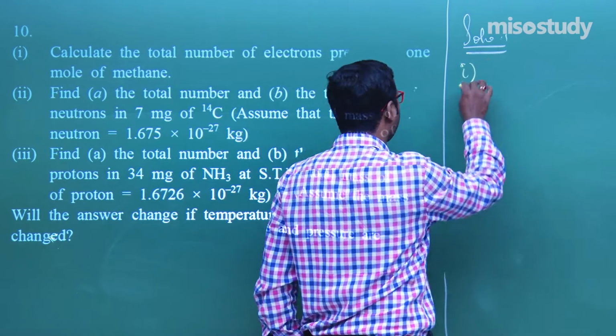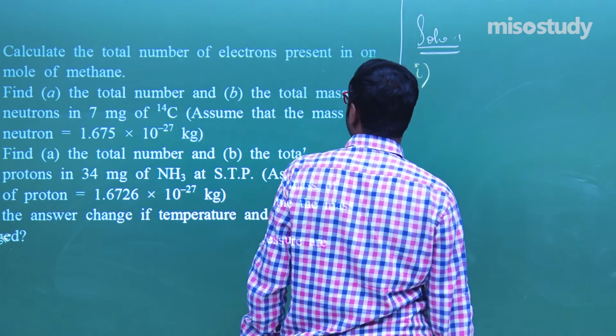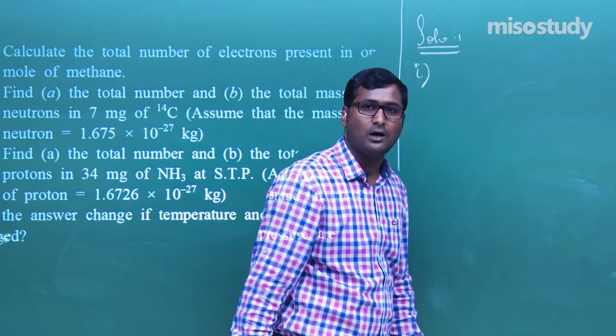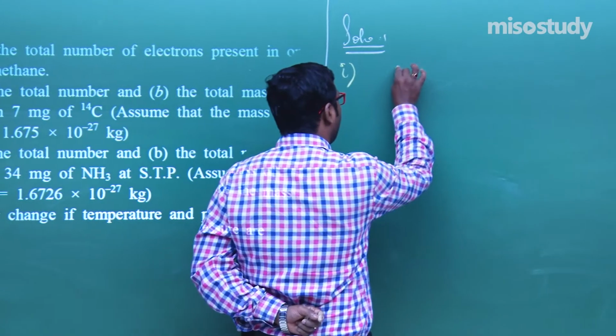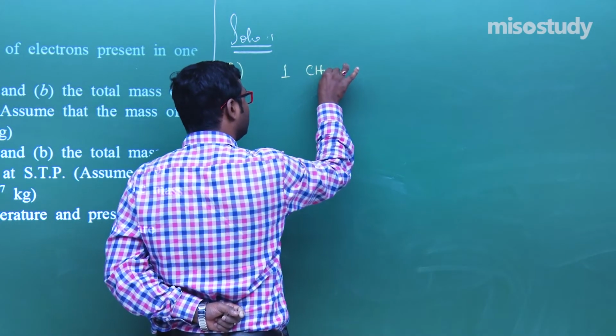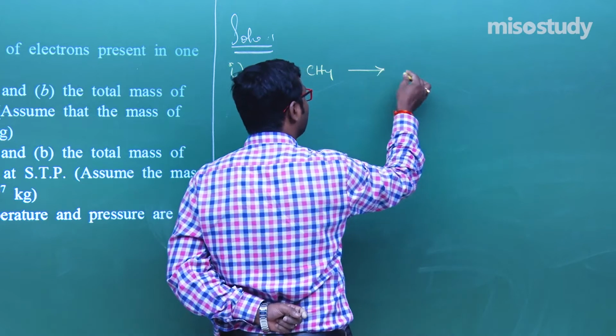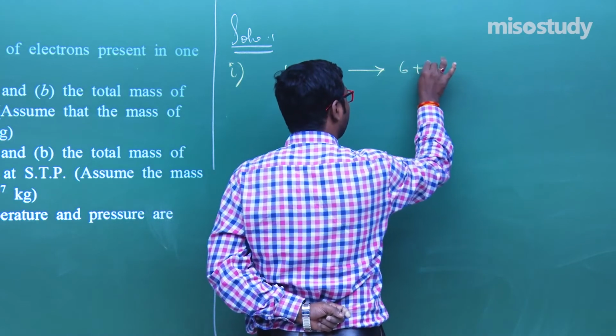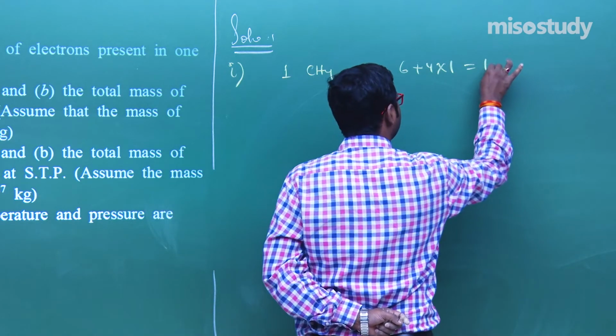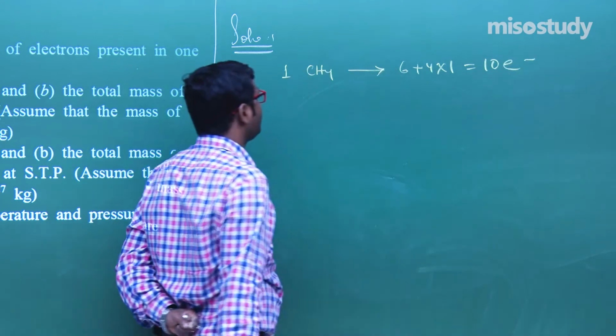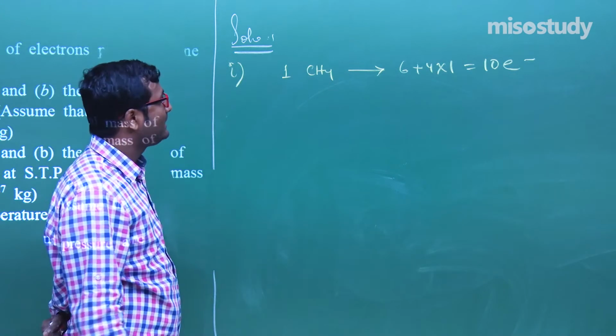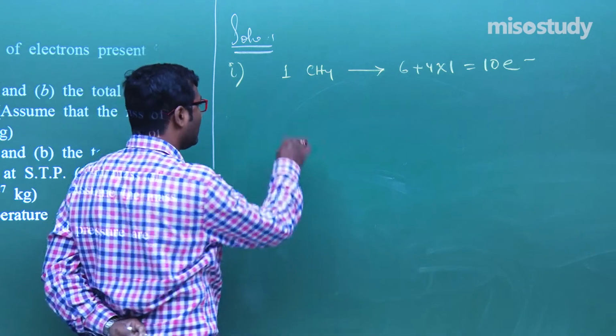Listen carefully. Calculate the total number of electrons present in 1 mole of methane. 1 CH4 contains how many electrons? 6 plus 4 into 1, that is 10 electrons. So 1 CH4 molecule contains 10 electrons.